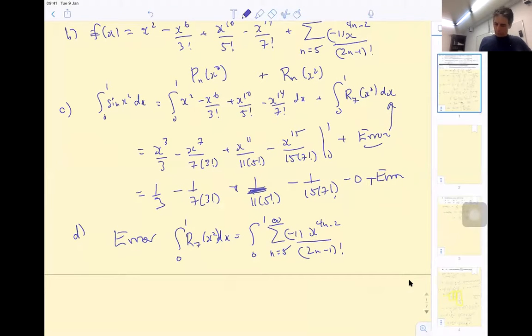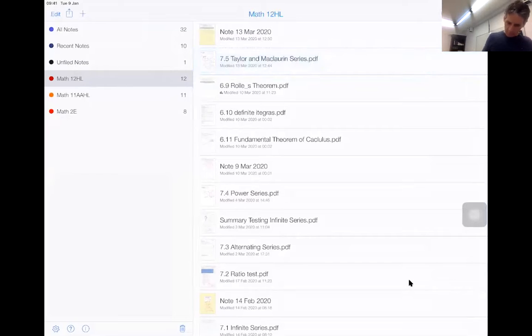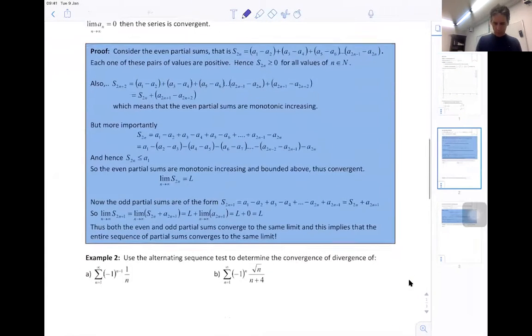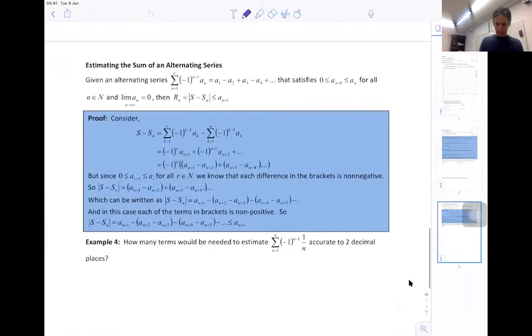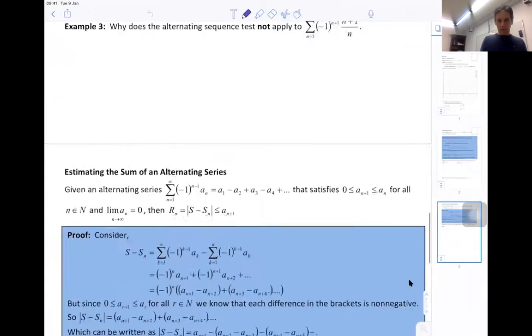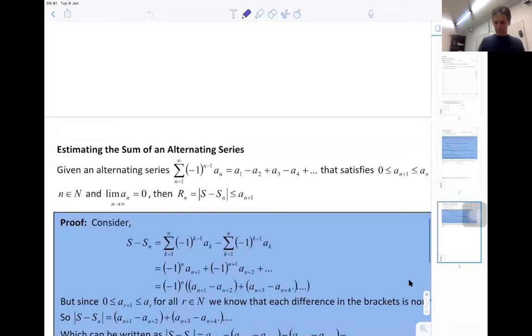Okay, so if we think about our test for alternating series, we know that the error term, let's just back up so we can remind ourselves, we look back at the alternating series notes. Okay, we know that the error in the alternating series is right here, always less than a to the n plus 1.